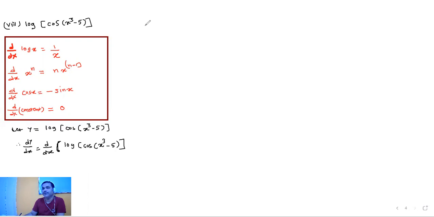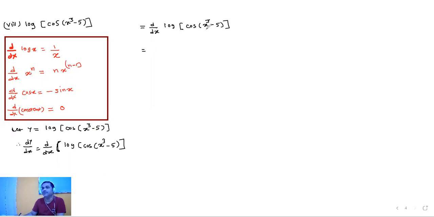So we will move here, in this case, and we'll state that we need to get d by dx of log of cos x cubed minus 5.